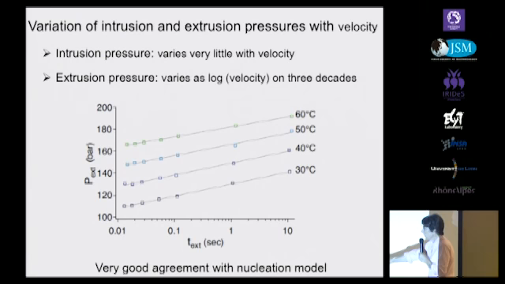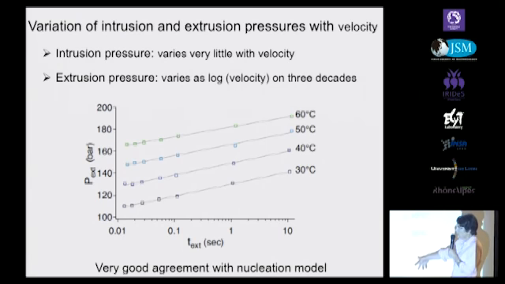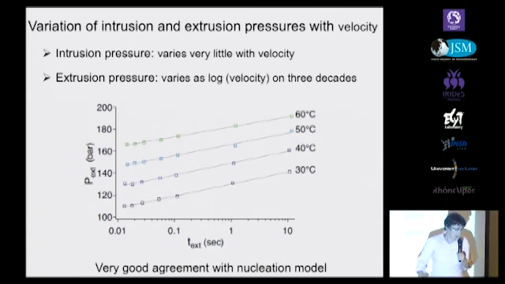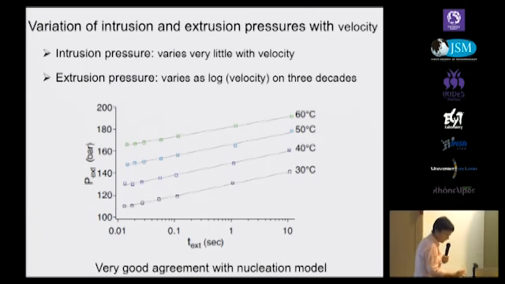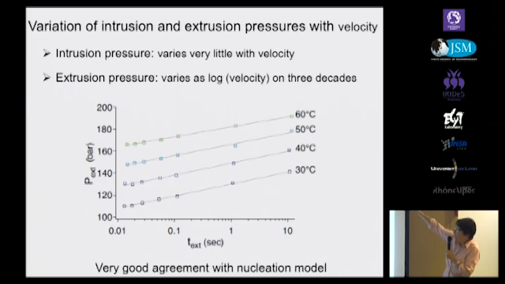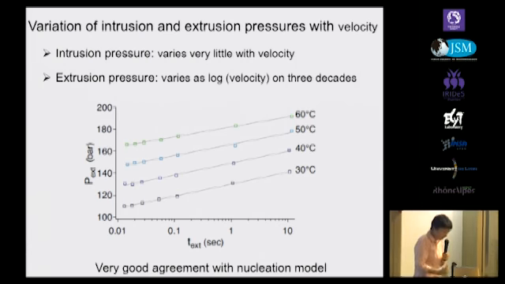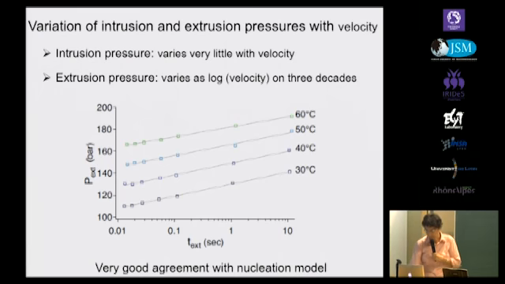So over 3 orders of magnitude of the velocity, the pressure varies by less than 10%. And for the intrusion pressure, it's almost not possible to tell how it varies with velocity, because the variation is very small.